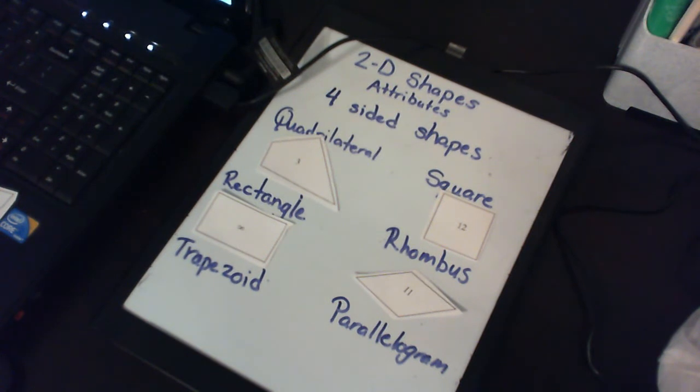The sides of a trapezoid are parallel to one another. And sometimes it has a line of symmetry, but it doesn't have to have a line of symmetry. And none of the angles are congruent. Sometimes, depending on the drawing, they are, but for the most part, they don't have to be congruent.